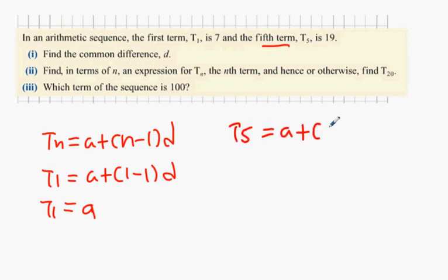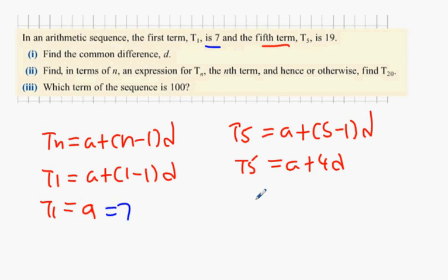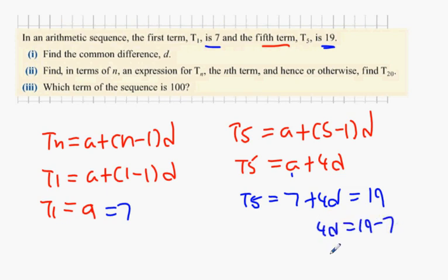T5 is a plus 5 minus 1 times d, which is a plus 4d. We're told that the first term a equals 7. Therefore, T5 is 7 plus 4d, which is equal to 19. Bring the 7 over the other side. 4d equals 19 minus 7. 4d equals 12. Divide by 4. d equals 3. Everybody get that?